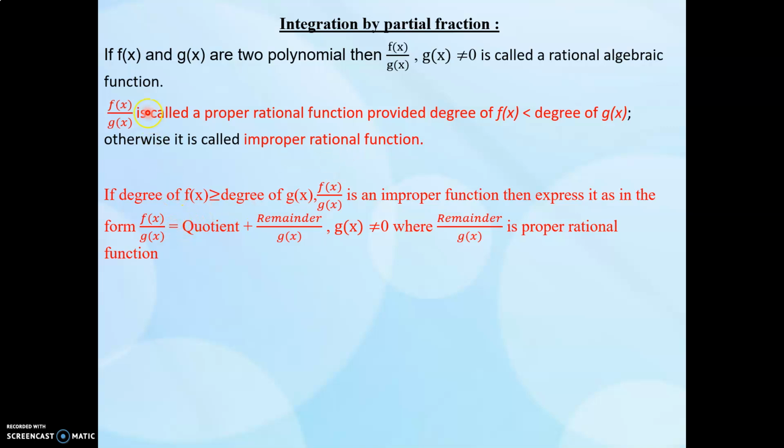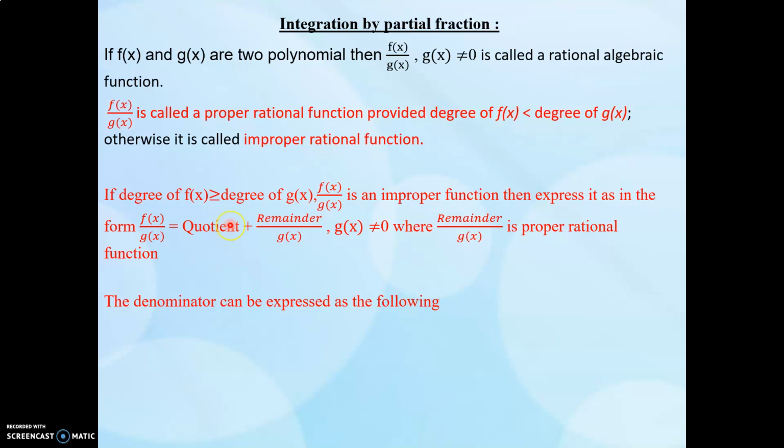And if degree of f of x, that means numerator degree, is greater than denominator degree, then you have to divide the numerator by the denominator by polynomial division, and write f of x upon g of x as quotient plus remainder upon g of x, where g of x is not equal to 0, where remainder upon g of x is a proper rational function. So to make this fraction a proper fraction, that is why we are dividing. After writing this format, the second part will become a proper rational function.